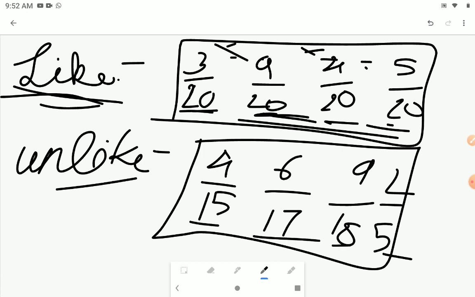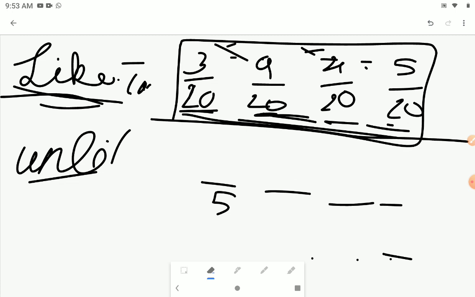The denominator keeps changing, so it is just an unlike fraction. In like fractions, all the denominators are the same.